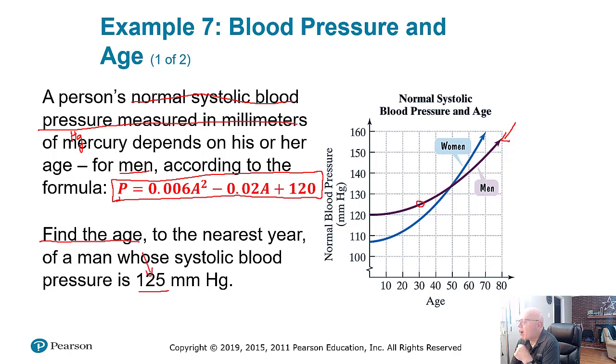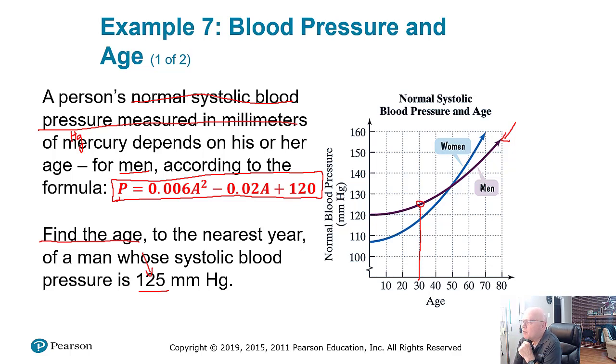Remember, that's the high reading. Systolic is the high reading. Diastolic, or something like that, is the low reading. Now, all you have to do is go down like this, and this person is somewhere around 30. However, let's get the exact amount.